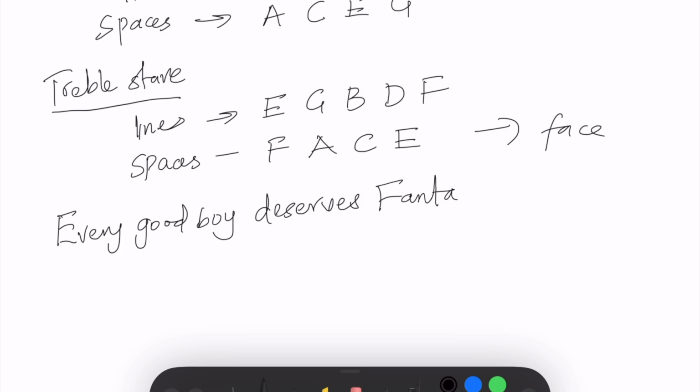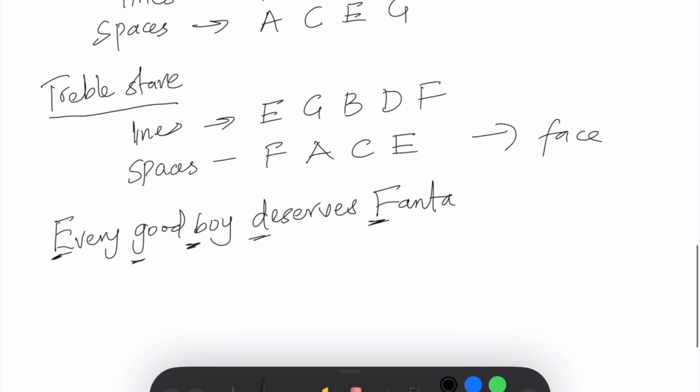So I put that into my acronym just so that I can know it very easily. And I think that has helped me over the years. I suppose it should be able to help you as well. Every good boy deserves Fanta, and it's E, G, B, D, F. For the spaces, you don't need any acronym because it's an English word already, face.